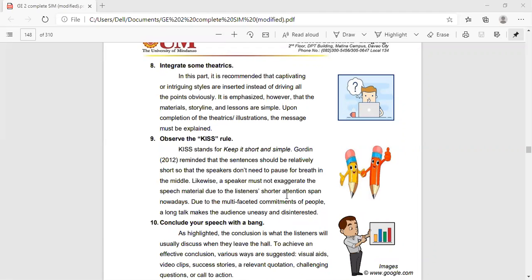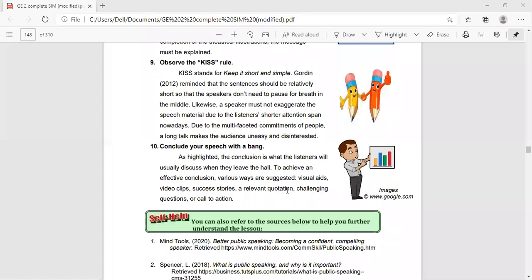So due to the multifaceted commitments of people, the long talk makes the audience uneasy and disinterested. Muna like sa mga graduation, 'di ba? Kanang mga graduation speakers, guest of honors, lecture na ganang mga 30 minutes, kapoy na kayo, dugayo mahumanan ni eh. Pero kung i-shorten na nila like mga 10 minutes, lapag na dito tanan, the audience would even remember most of those words.